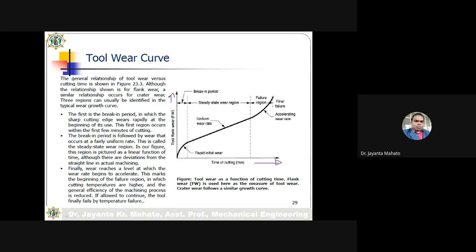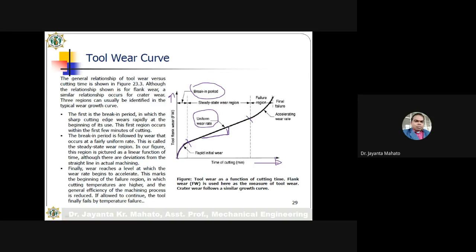This is measured in millimeters, the tool flank wear that I told. The tool flank wear first increases very rapidly in this zone. This is called the break-in period. Then there is a uniform wear rate: in between this zone, the tool wear increases at a constant rate, the slope is constant.